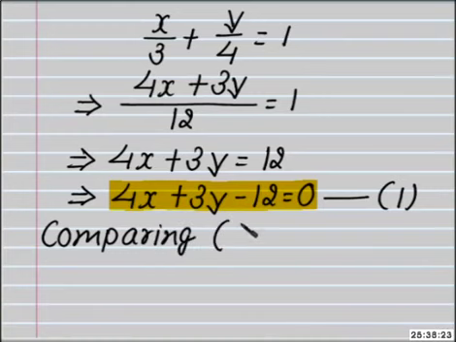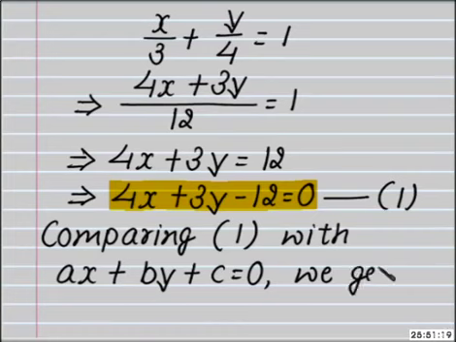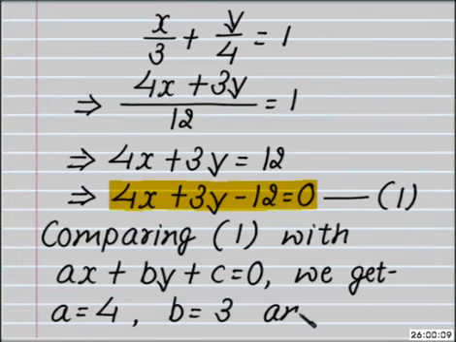Now comparing equation number 1 with the general form ax plus by plus c equal to 0, we get a is equal to 4, b is equal to 3 and c is equal to minus 12.